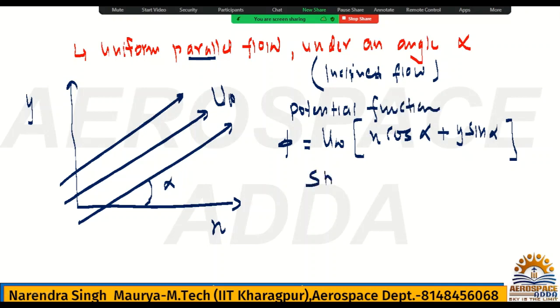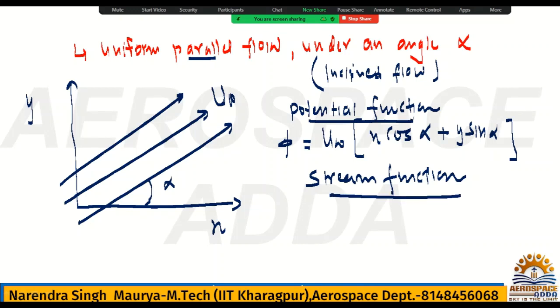Similarly, stream function also you can write, because for all types of flow, you need to concentrate on the potential function and stream function, because if you know these values, then you can plot the graph, no problem.